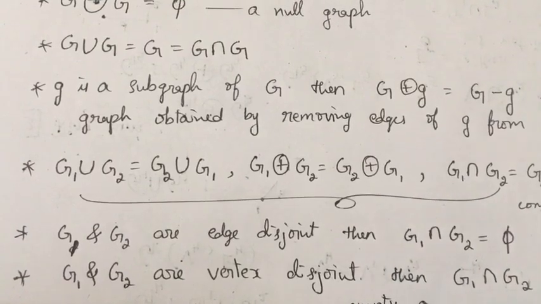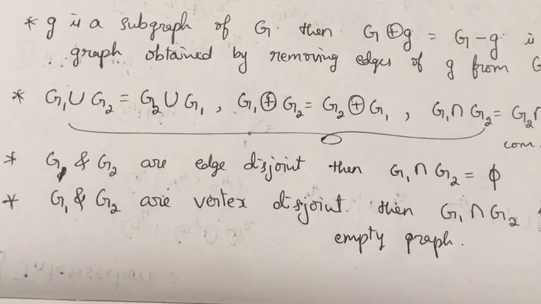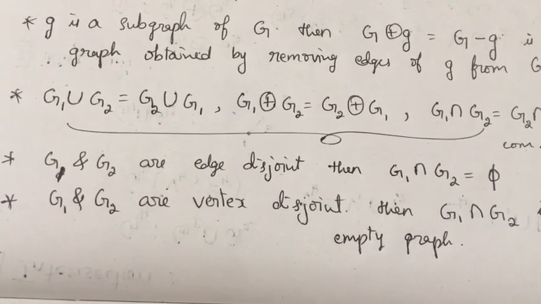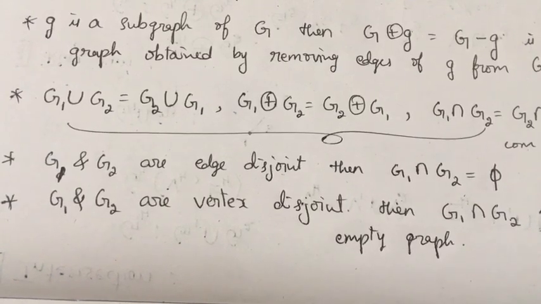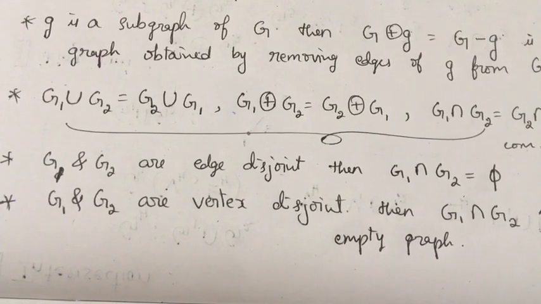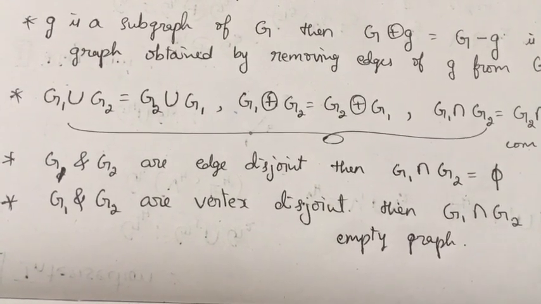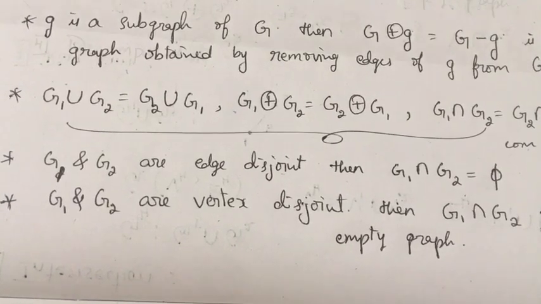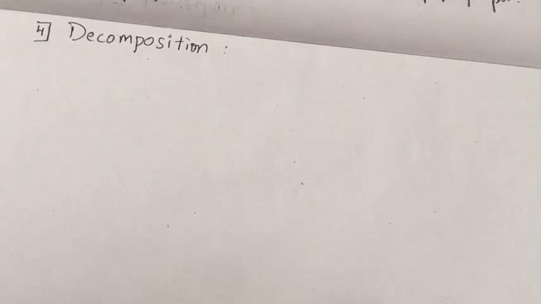It will be an empty graph because see, G1 and G2 are vertex disjoint, which means there is no vertex in common. When there is no vertex in common, there won't be any edges. Of course, therefore, there will not be any graph. That means an empty graph.